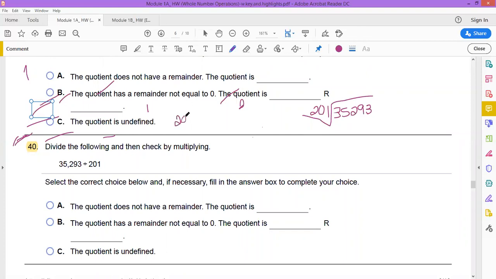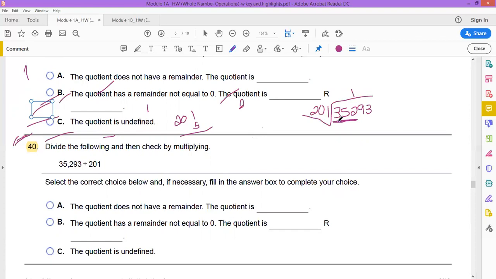So again, off to the side, you may want to start doing your multiples, 201 times 5 or times 6, just to get a list of multiples together. Now 201 cannot go into 3, that's too small. 201 can't go into 35, but 201 can go into 352. It can go into 352 at least one time, right?